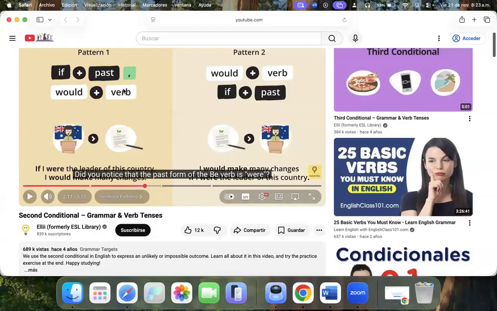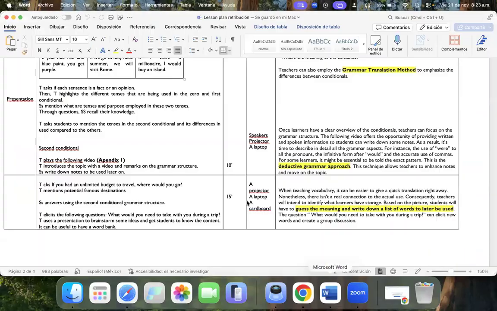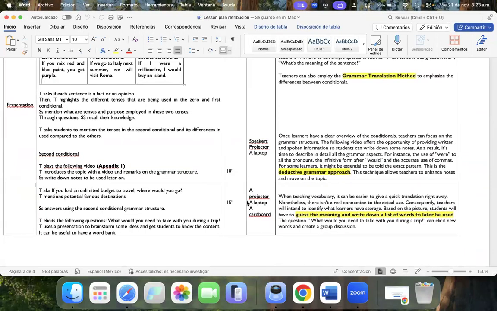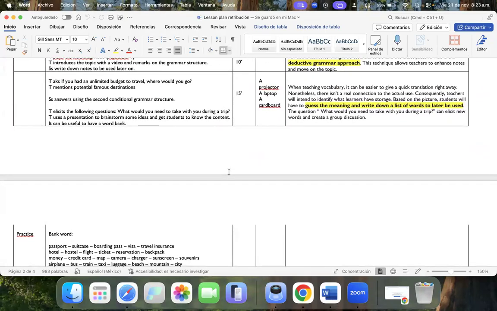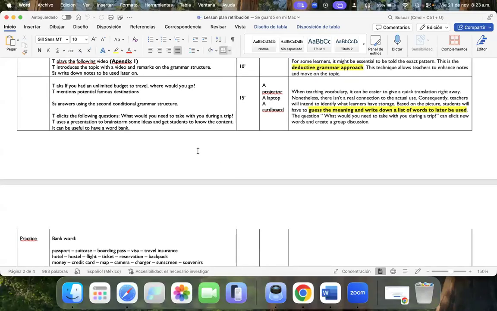So this is just grammar, what they are expected to get. Once they have the whole overview of the sentence pattern, we can move on to the vocabulary that we're going to teach. In this case, once again, grammar is not isolated tenses. We need to use it actually to speak.